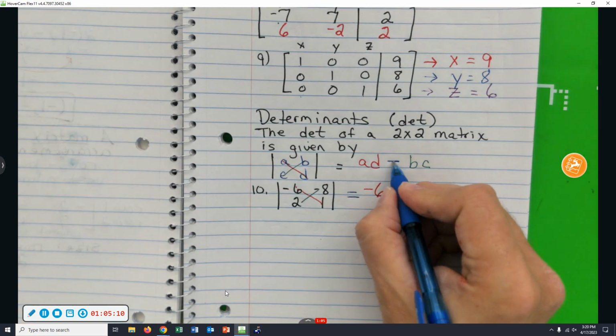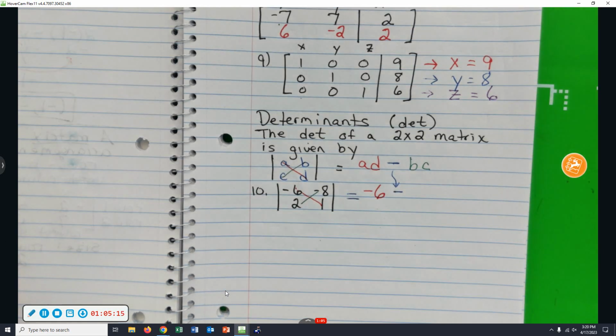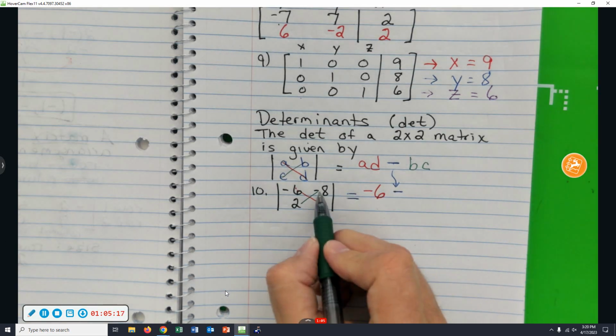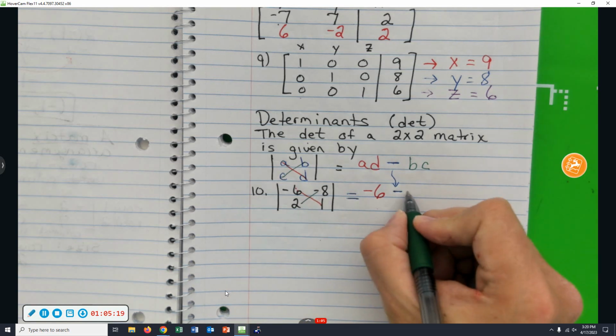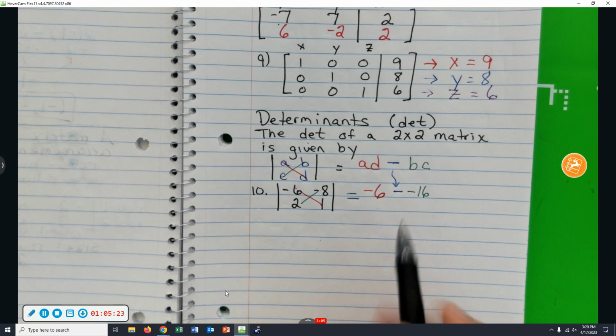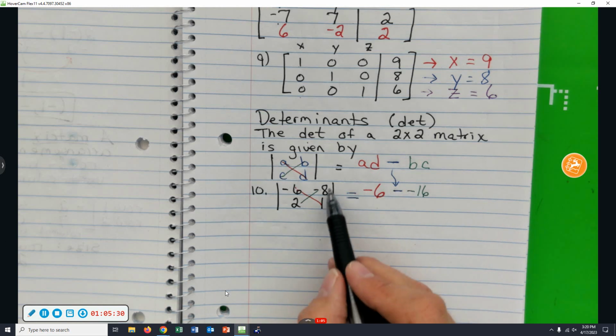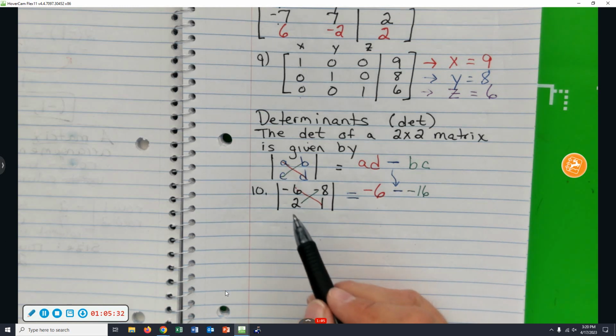And then the minus from the formula. And then a negative 16. Did y'all hear that? A negative 16. Notice how there's those two negatives. This blue minus is from the formula. And then negative 16, negative 8 times 2.